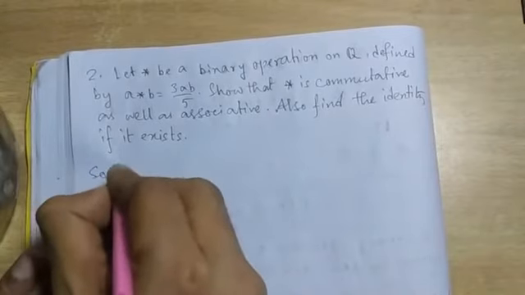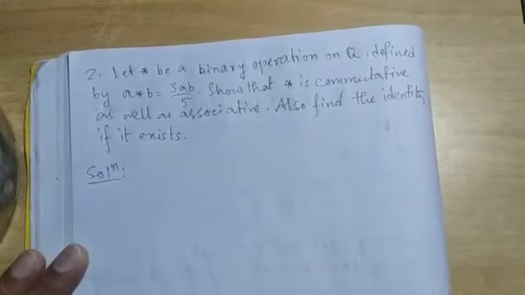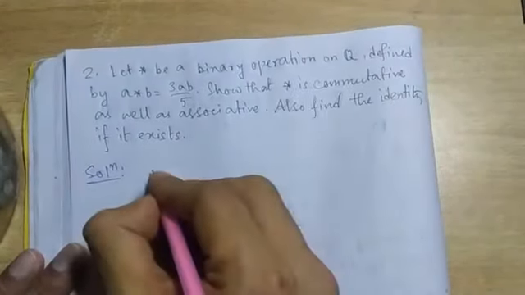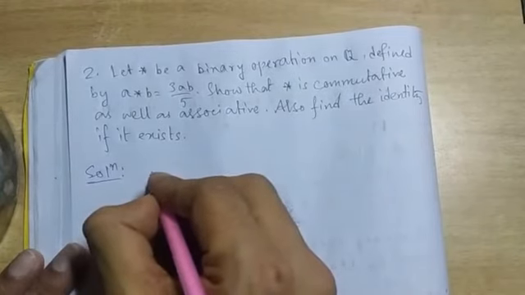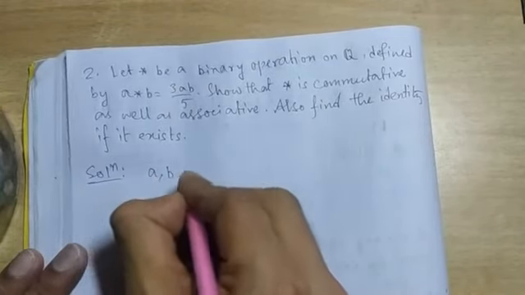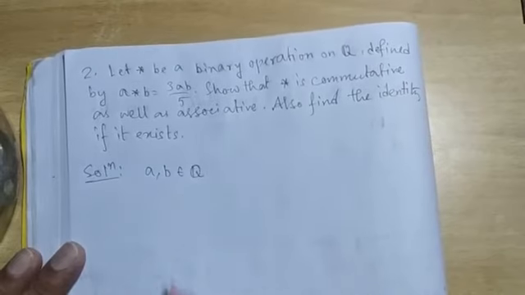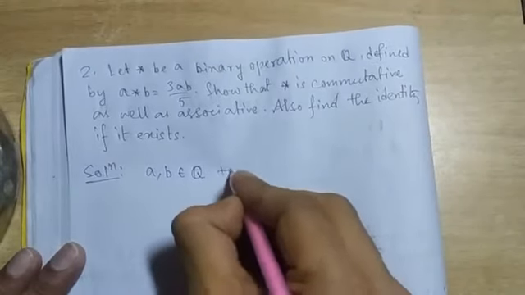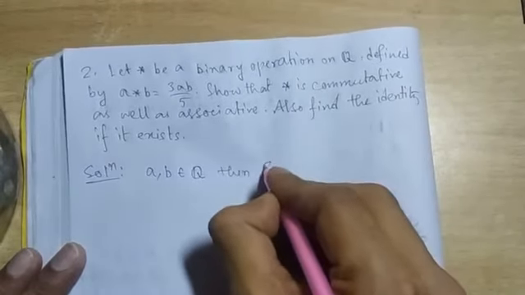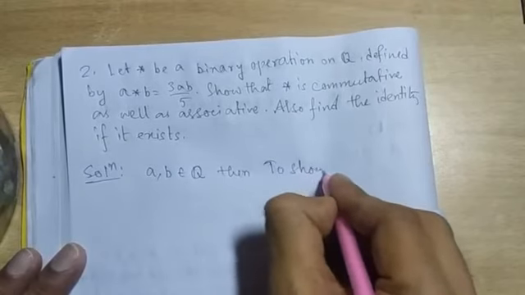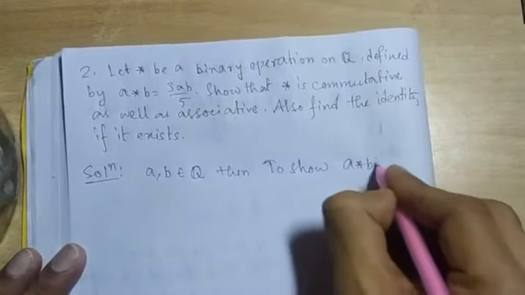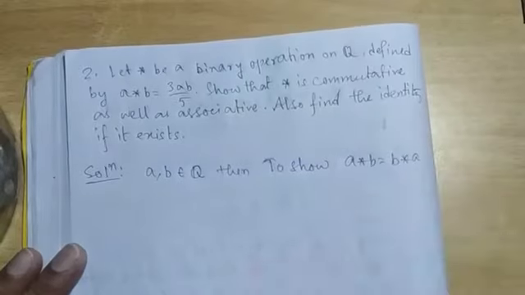For the solution, first we will write the condition for the commutative property. What is the commutative property? If you take a and b from the set Q, then you have to show that a star b is equal to b star a.